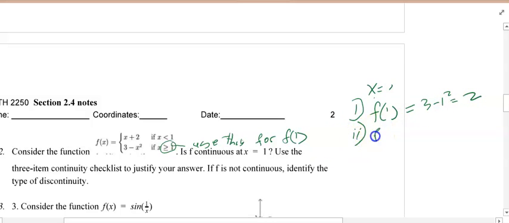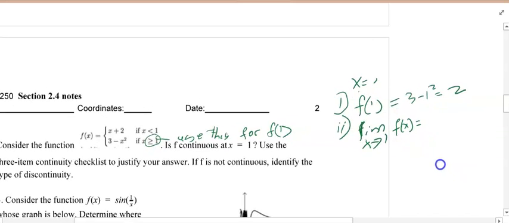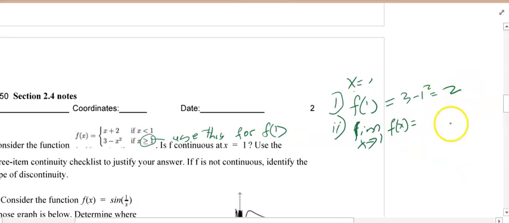Second check is your limit as x approaches 1 of f of x. Now you have to look at two things. What is the limit as x approaches 1 from the left and from the right?